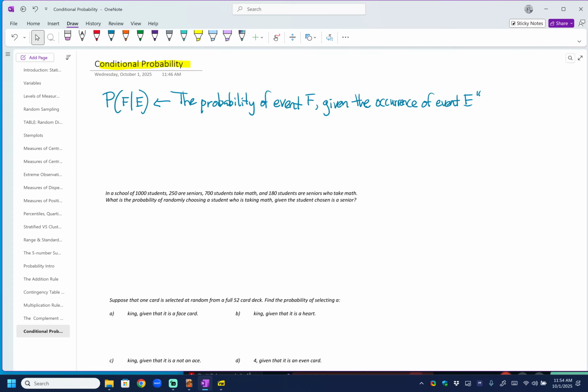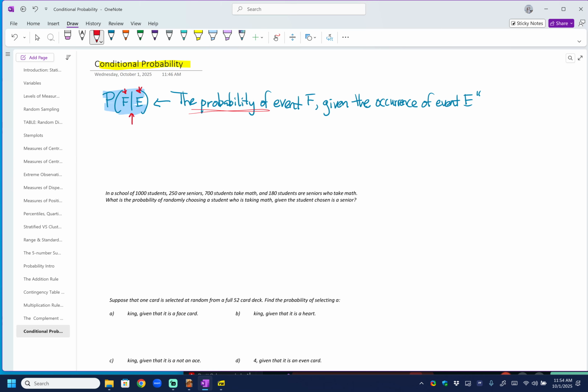Let's start with the symbolism. If you look at this right here, you will see that there's a lot going on, right? We know we have the probability symbolism right here. So what is this saying? It's saying the probability of event F given that event E has occurred.